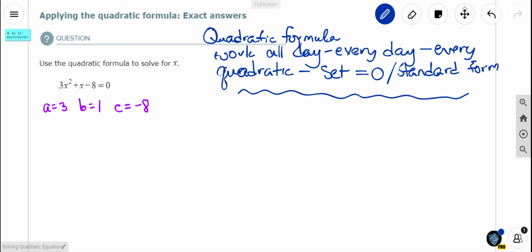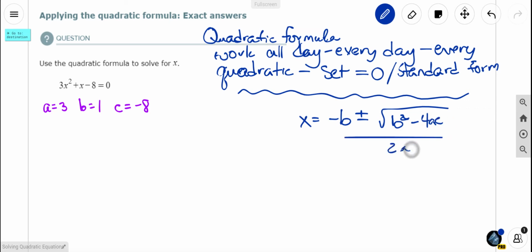So here it goes. x is equal to the opposite of B plus or minus the square root of B squared minus 4AC, all over 2A.